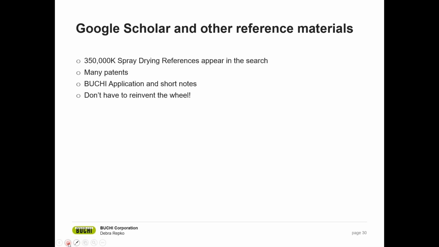So we have many applications, short notes, and even a database that you can become a member of and download. And I guess I'd like to say, you don't have to reinvent the wheel. We host a decent amount of customers here at our site, and we spend a decent amount of time before somebody comes so that we're prepared to work with them.